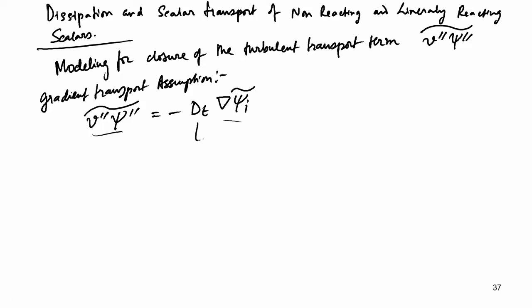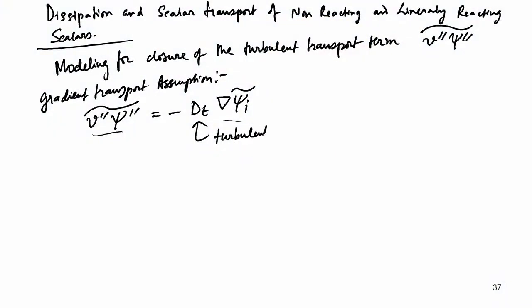Similarly, here instead of the kinematic viscosity we introduce the turbulent diffusivity, modeled in analogy to the turbulent eddy viscosity. So, D_t is the turbulent diffusivity, and we define the turbulent diffusivity as nu_t divided by the turbulent Schmidt number.